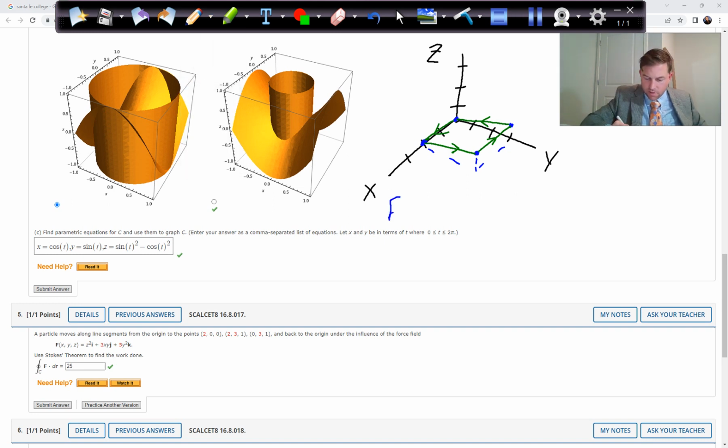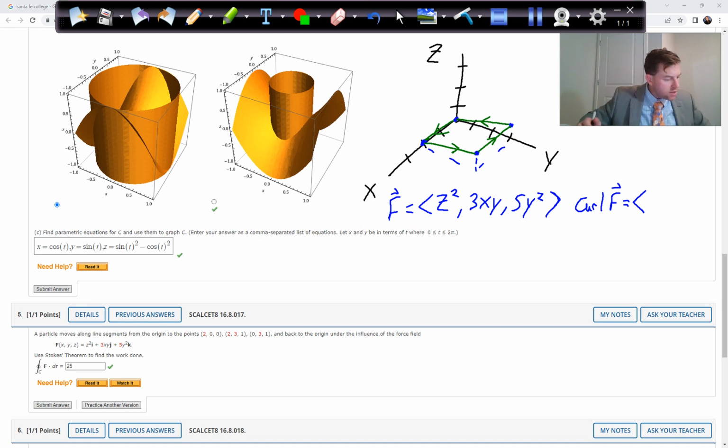So the field is z squared, 3xy, and 5y squared. And I'm not even going to go through it. The curl of f you should be able to get fairly simply.